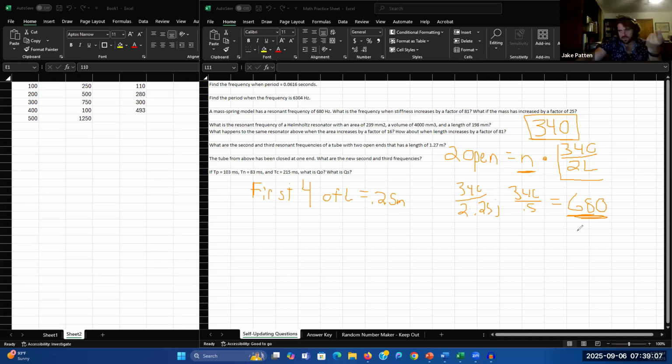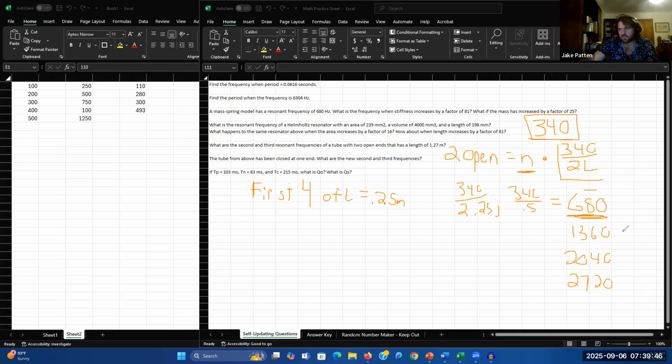So 1 times 680 is 680, 2 times 680 is 1360, 3 times 680 is 2040, and 4 times 680 is 2720.